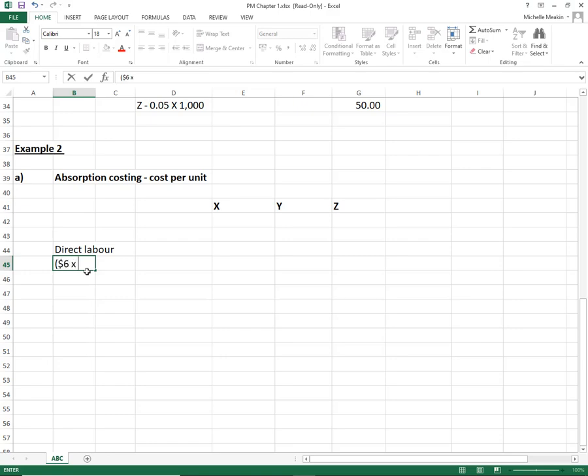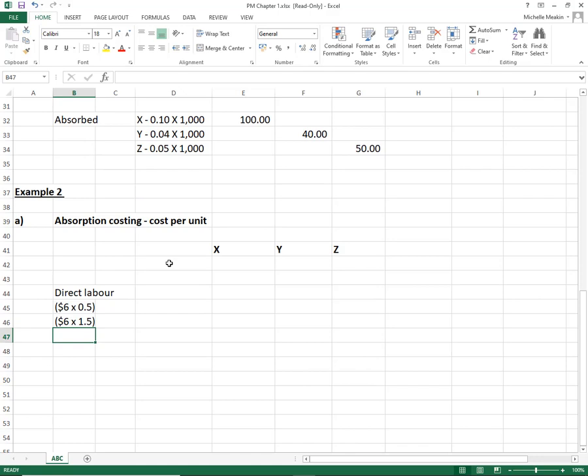So in our cost card, $6 times labour hours per unit. For product X, it is half an hour. For product Y, you are told it is 1.5 hours. And then finally, for product Z, we use $6 per hour for 1 hour.